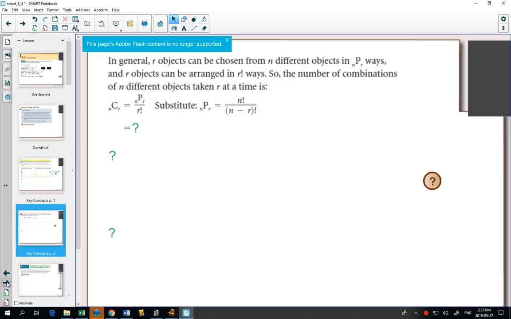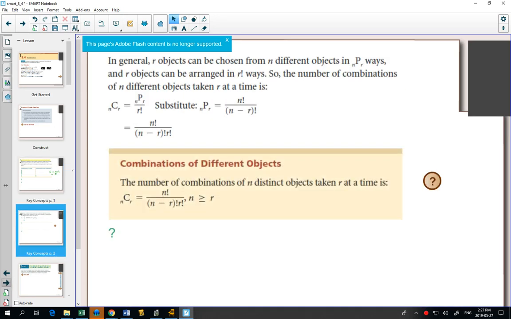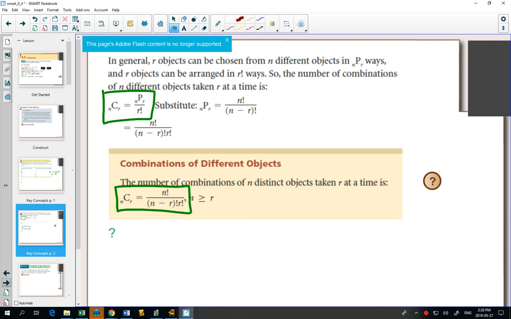So we get to our combinations formula, which again, it just shows here that it is your permutations formula with the order divided out. And since your permutations formula is n factorial over n minus r factorial, your combinations formula is n factorial over n minus r factorial with another r factorial on the bottom.